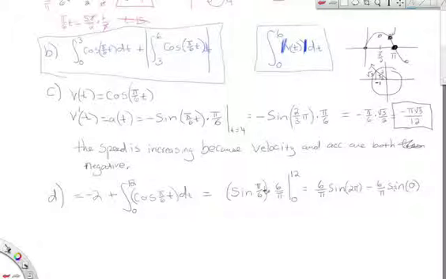The sine of 0 is 0. So that means I didn't go anywhere. My displacement was 0. So -2 plus 0 equals -2, which is kind of weird. It makes sense on one hand, but it's just not what I expected as an answer. So I'm wondering if I made a mistake. Let's go find out.